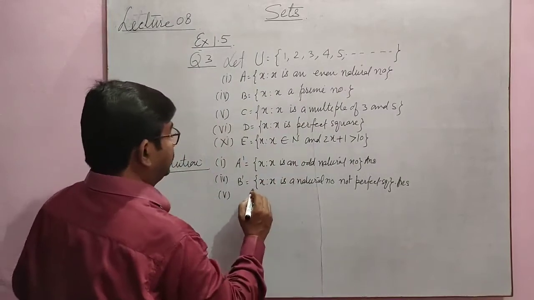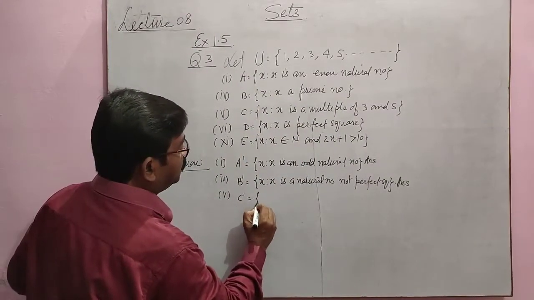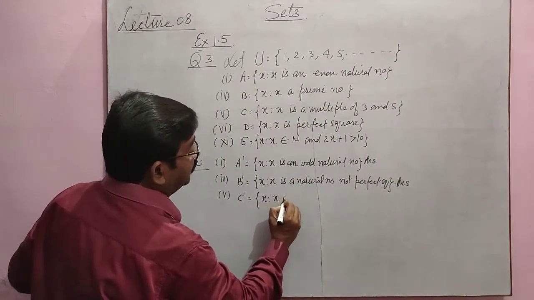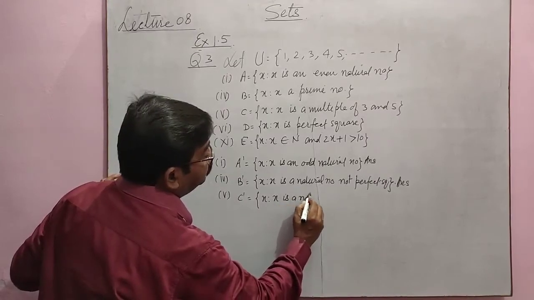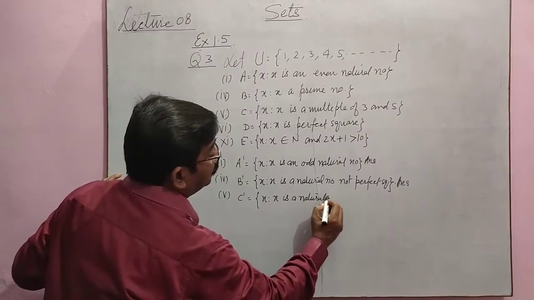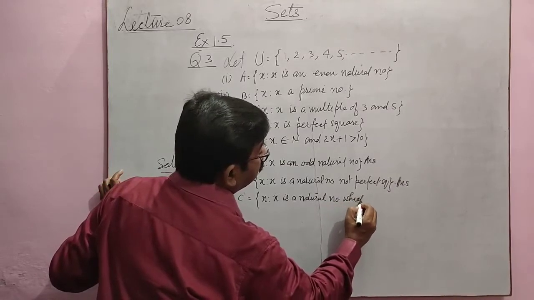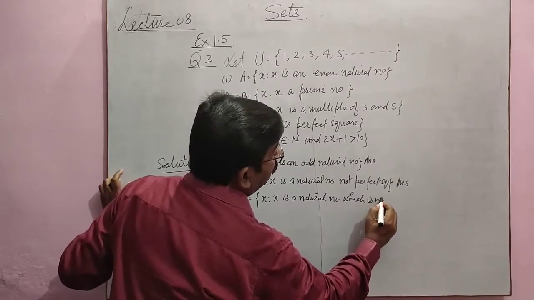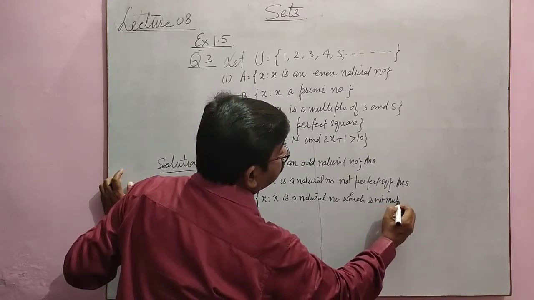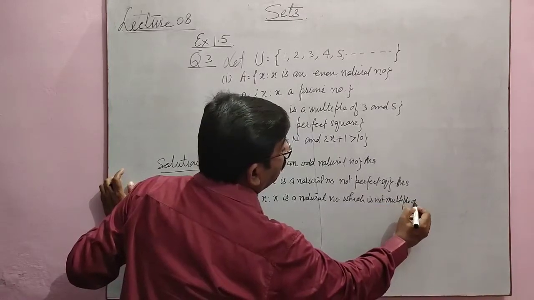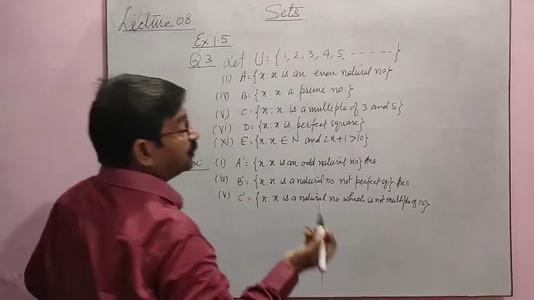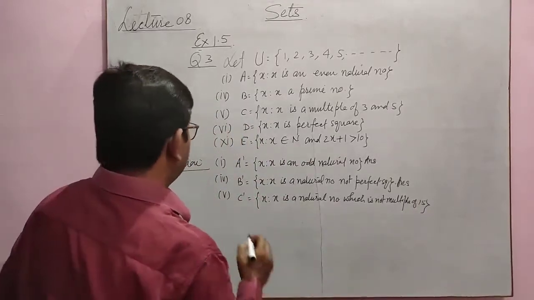So what is C dash? C dash: x such that x is a natural number which is not a multiple of 15. So this is the answer.